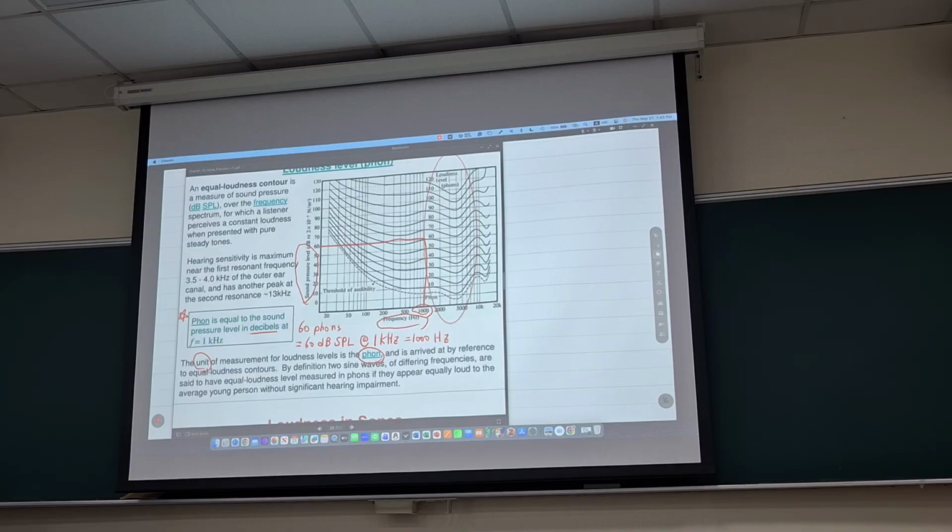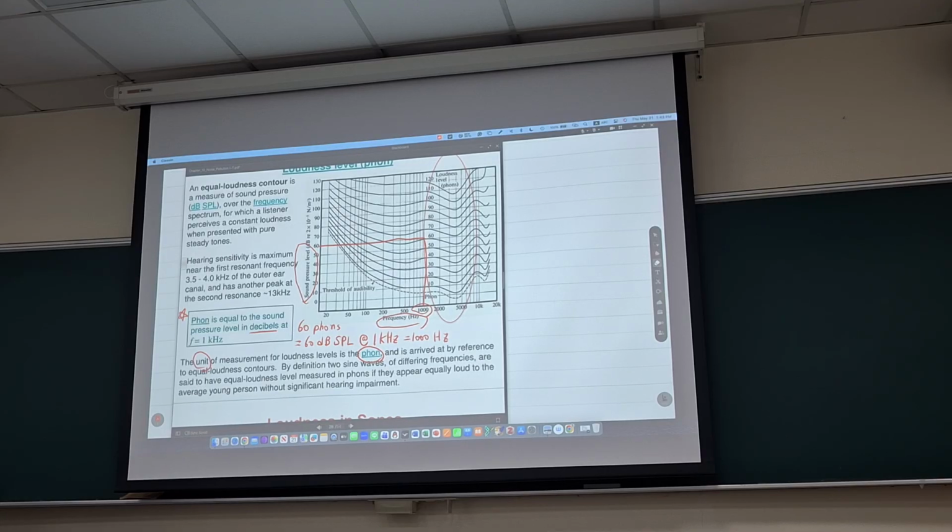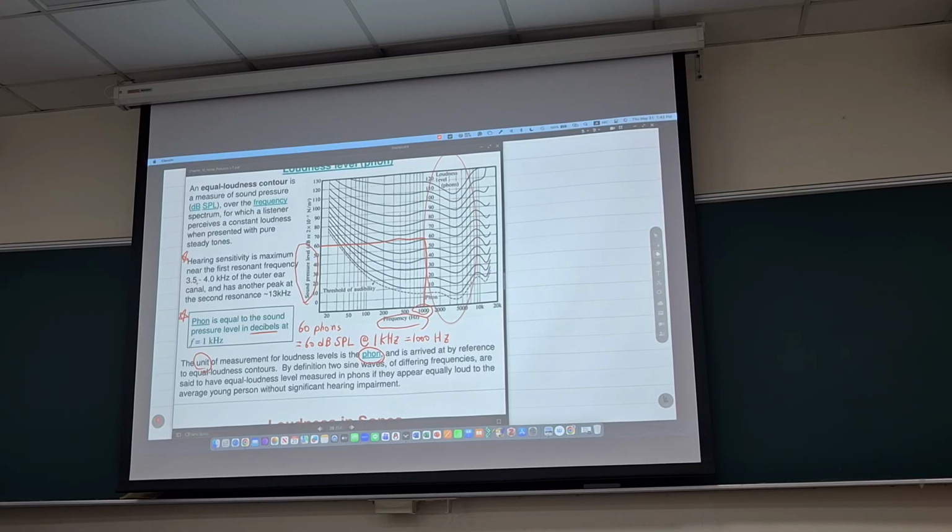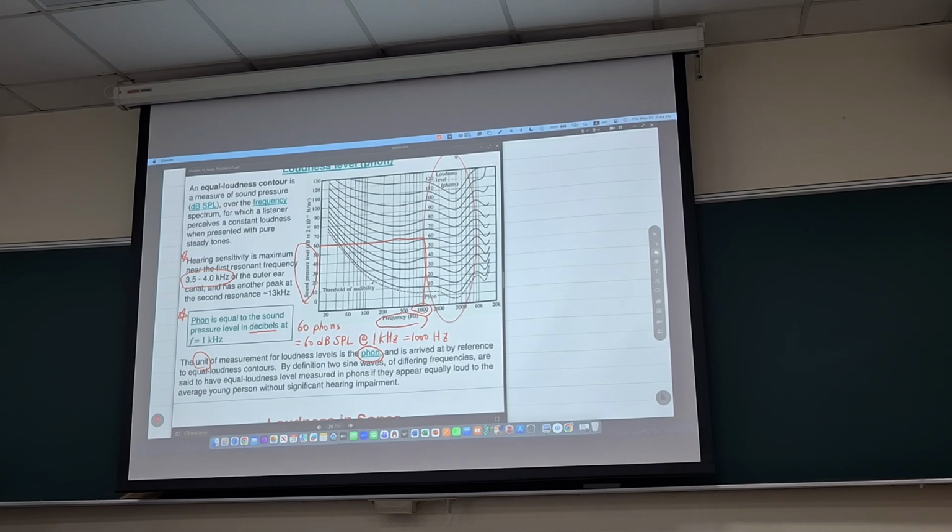Okay? So we humans do not hear all the frequencies equally well. We are more sensitive, as I mentioned here, around 3.5 to 4 kilohertz. It's something around what I circled here.